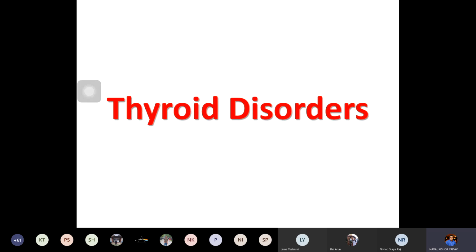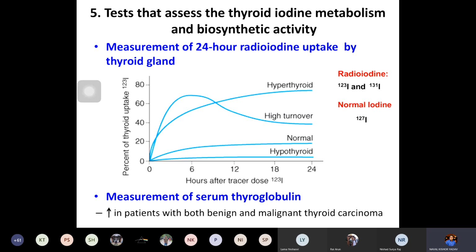So this is all regarding the thyroid function tests. But out of all this, in routine practice the laboratory does very few. They will perform the serum free T3, free T4, TSH, and if required, then they will do the anti-TPO.